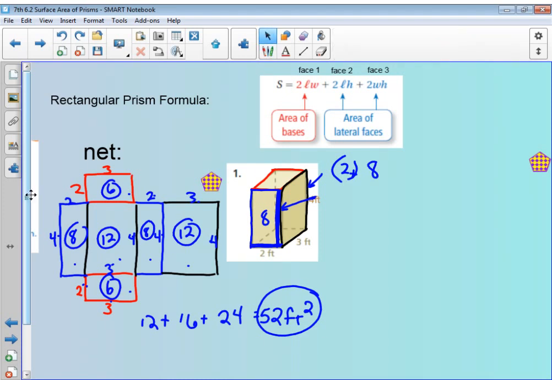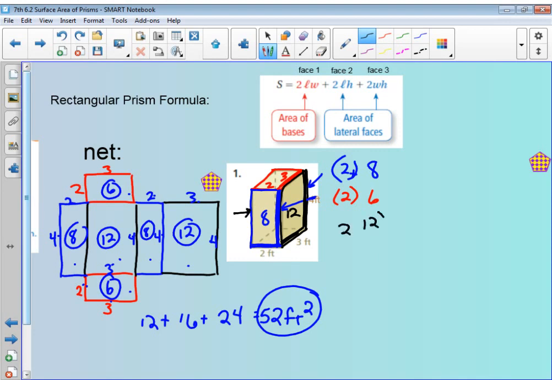Okay, my top here that's in red is 2 by 3, and there's 2 of those, so 2 times 3 is 6. And then I've got my sides, which are 4 by 3, which is 12, and there's another one right over here. So there's 2 12s.